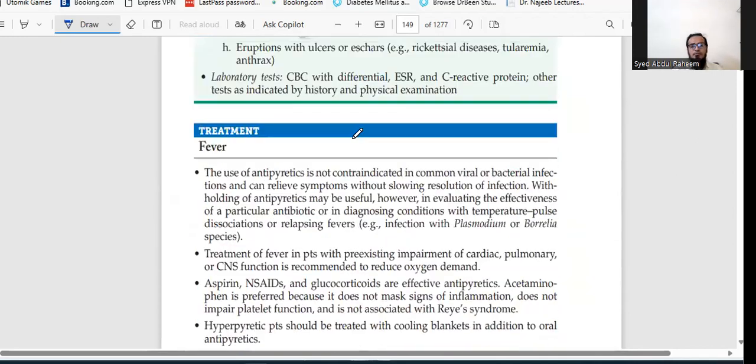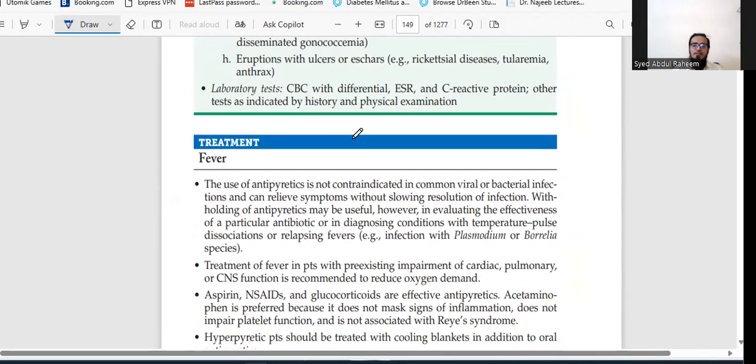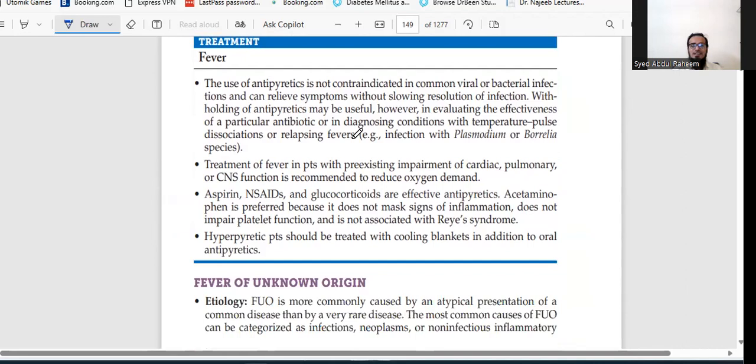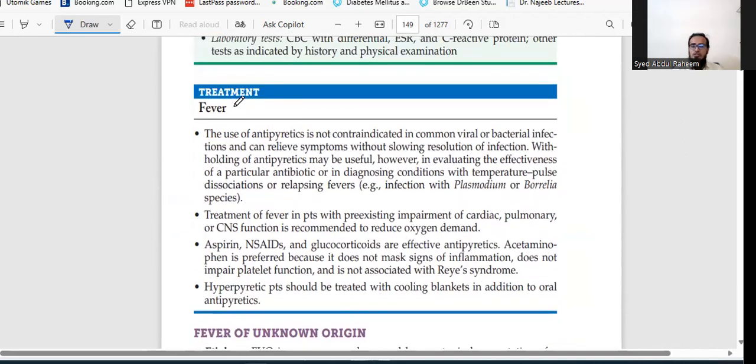What type of treatment is given in allopathy? Basically they use antipyretics; the common medicine used in allopathy is paracetamol. According to the weight, they will prescribe the medicine.